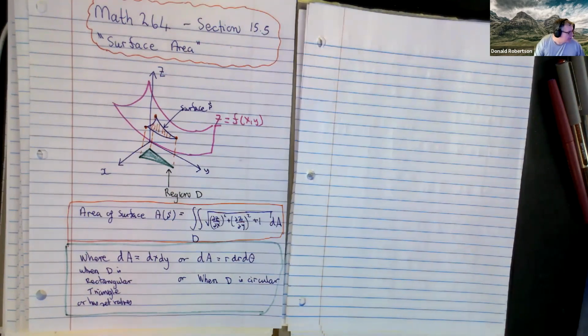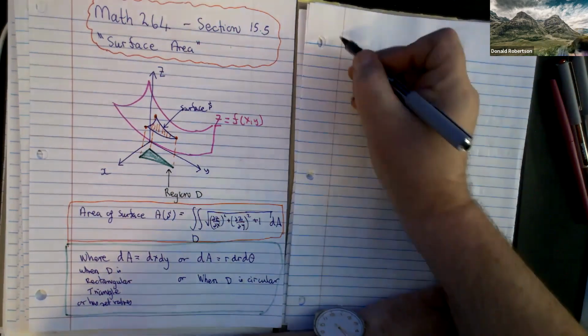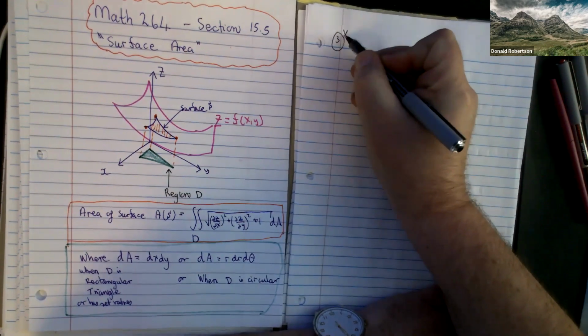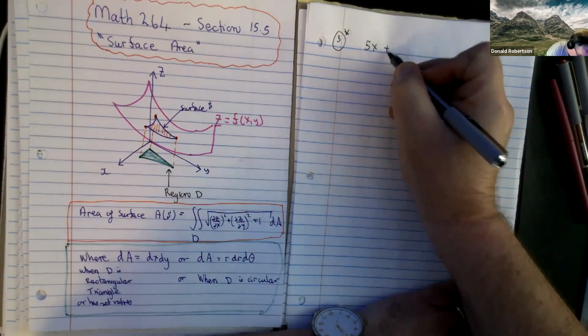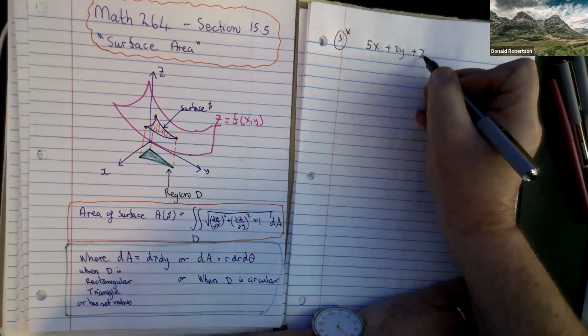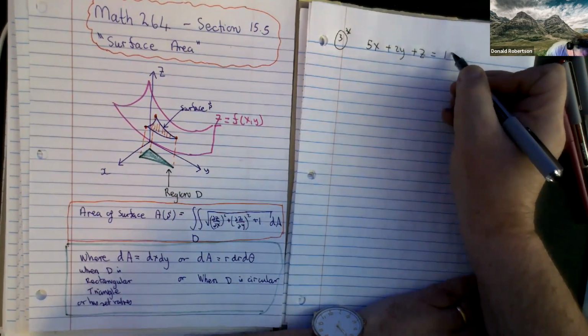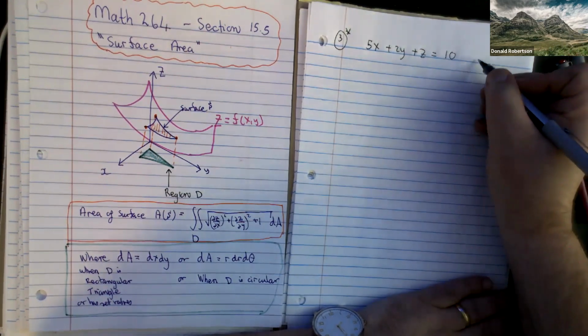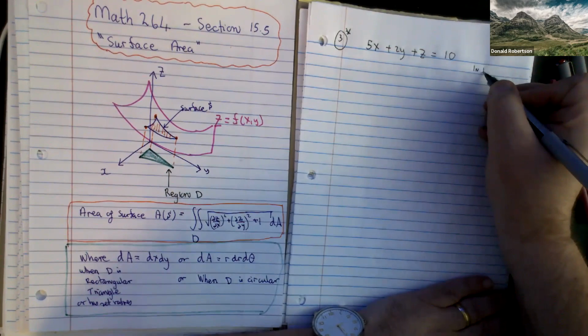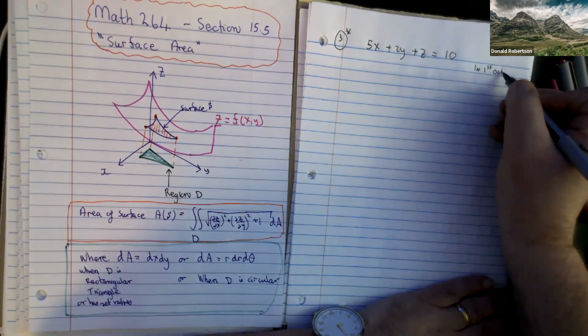Now, next one on our list is a version of 3. Again, it's one of these equations of a plane. But this time, it's in the first octant.